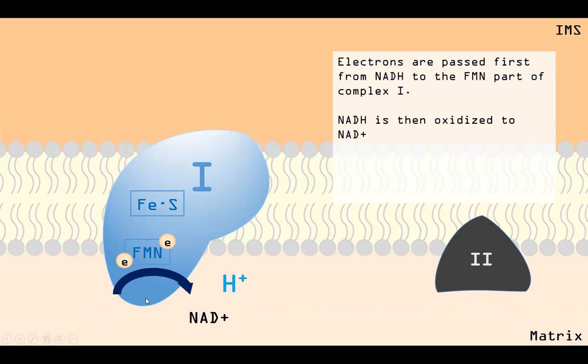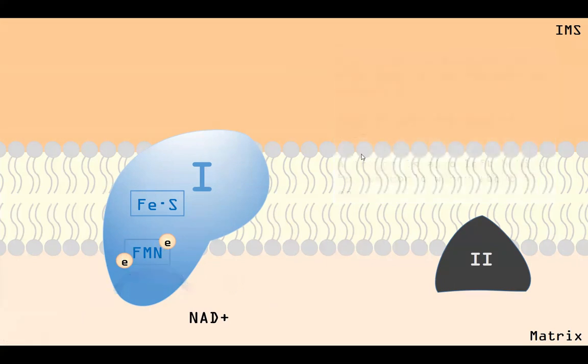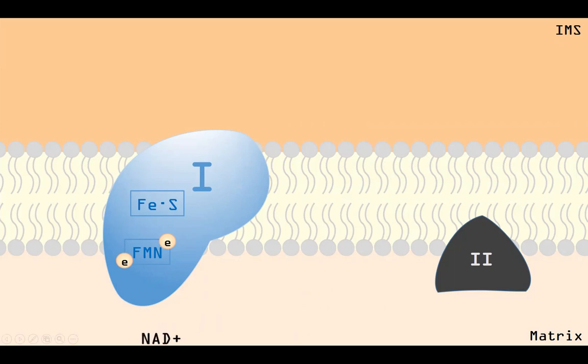So our NADH is oxidized to NAD+, and the proton's left behind, but we don't have to worry about it yet. We also see that the electrons are safely situated for right now on this flavin mononucleotide. So at this point, NAD+ can return to collect more electrons from earlier steps. We can see it maybe again later.